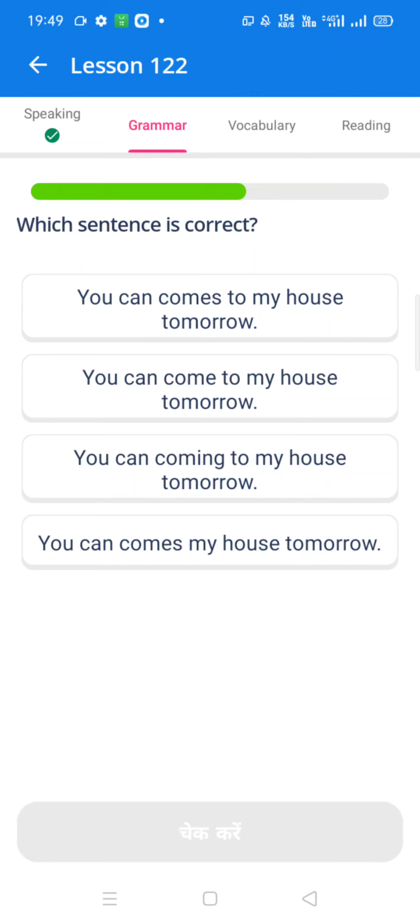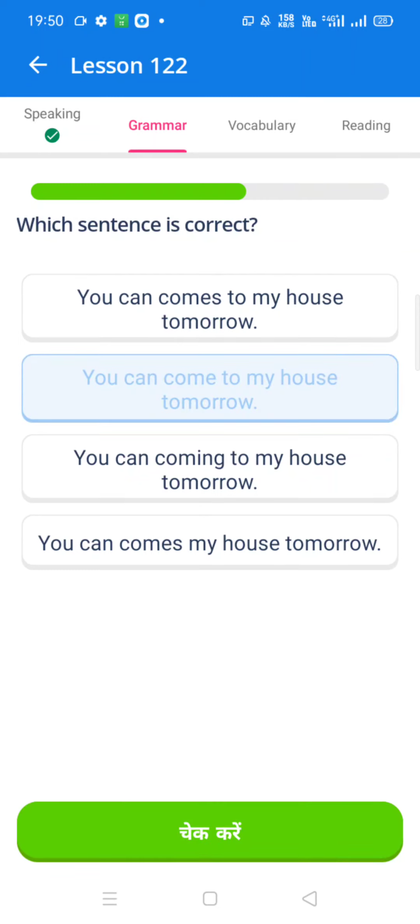You can come to my house tomorrow. You can coming to my house tomorrow. You can come my house tomorrow. Which one is correct? Tia, please tell me. B. Let me check. Yes, correct. Please tick mark. Your answer is correct.